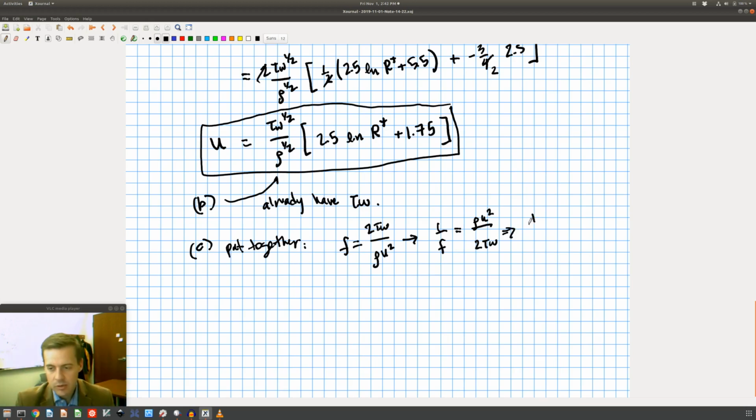Taking the square root of both sides gives me 1 over root F is equal to the square root of rho multiplied by U. And then in the bottom I have the square root of 2 and the square root of tau W.